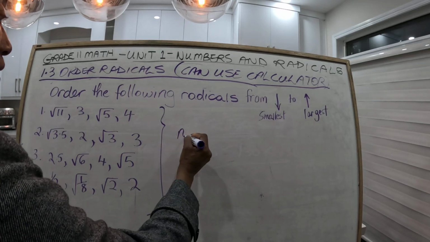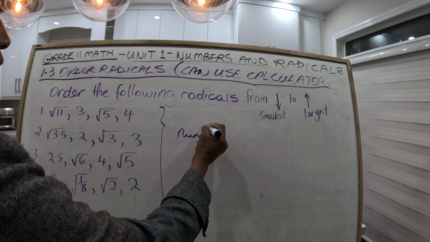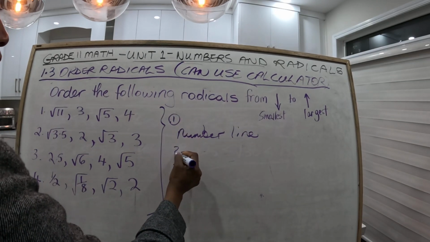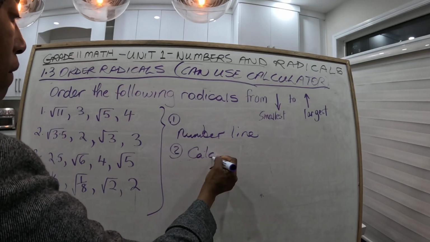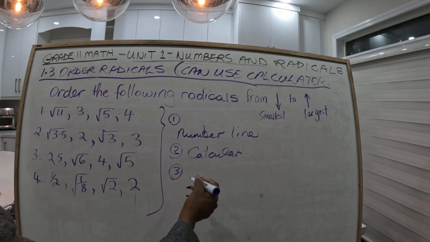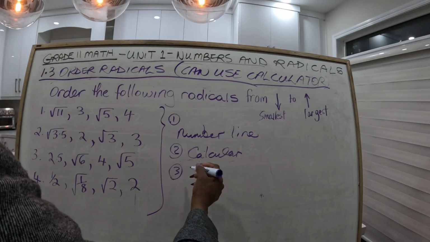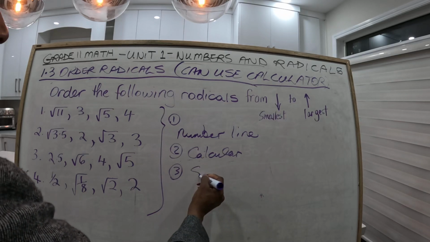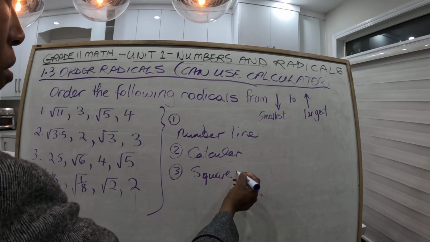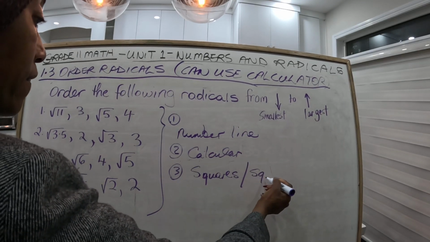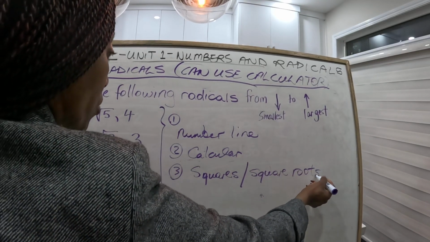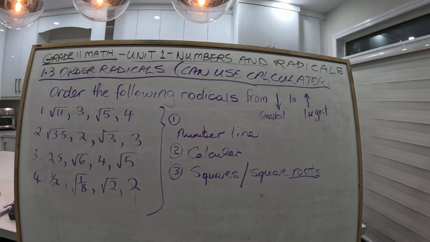You can use a number line, you can use a calculator, or you can just figure it out based on the squares or the square roots. And I know some people don't say square root, but you can just say roots.